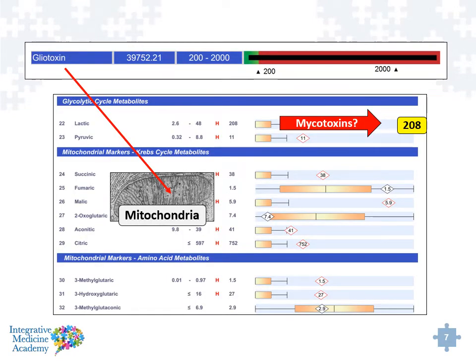Now, this individual also has a number of mitochondrial markers that are elevated, and that can occur because of the presence of fungal overgrowth, bacterial overgrowth, and even mycotoxins. This particular one, gliotoxin, actually will damage the mitochondria.